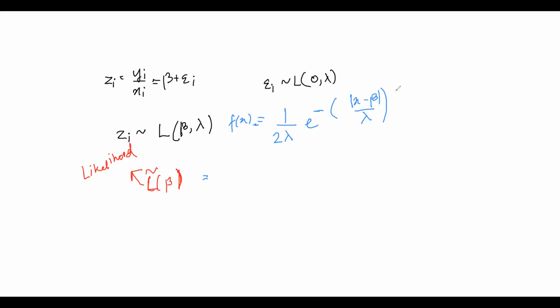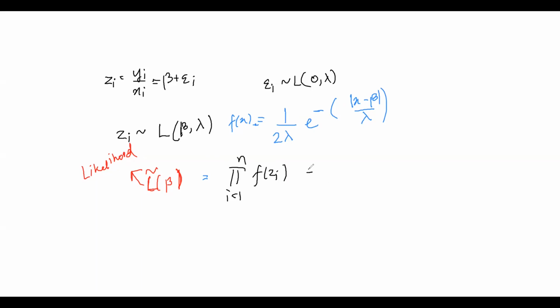It just looks like the normal, but there is a square over there and there is no square over here. So what do we get? We get the product from 1 to n of f of zi.